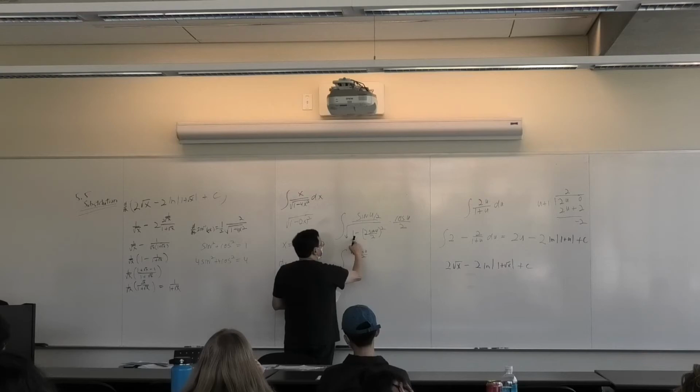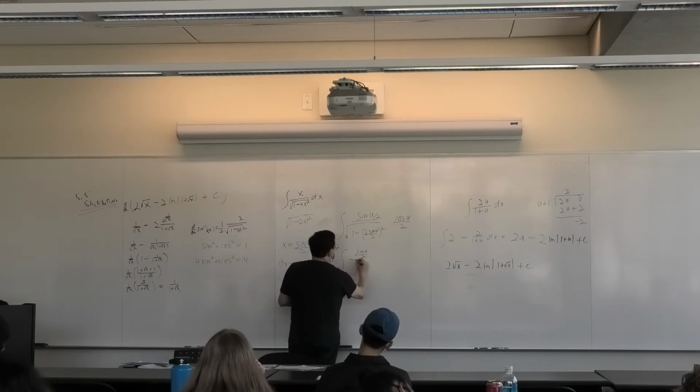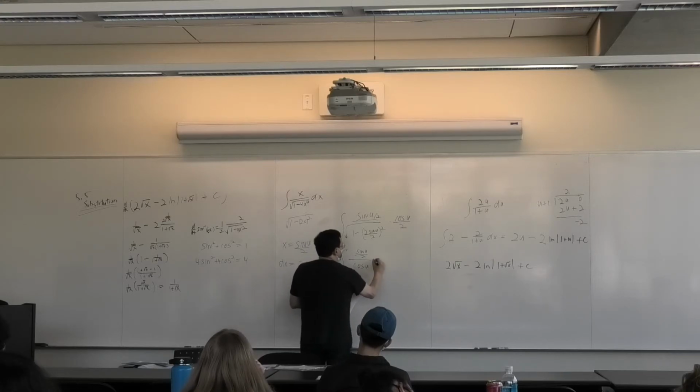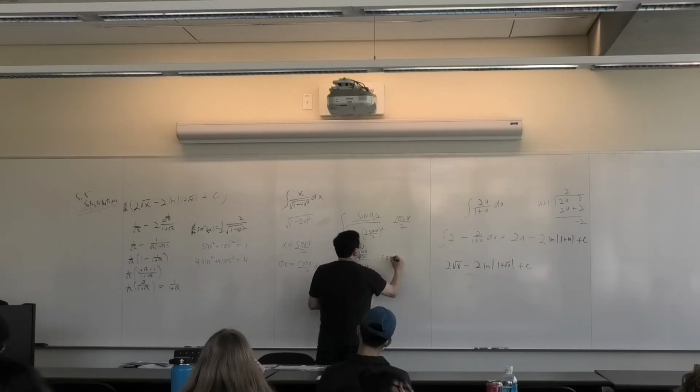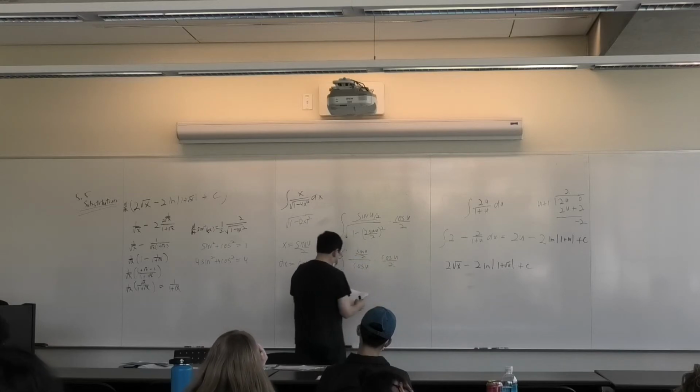What does this become? This becomes 1 minus sine squared, so the cosine squared, and we're finding the square root of it. What's the cosine of u times cosine of u over 2?